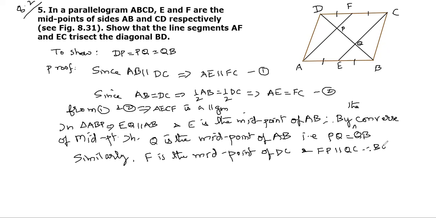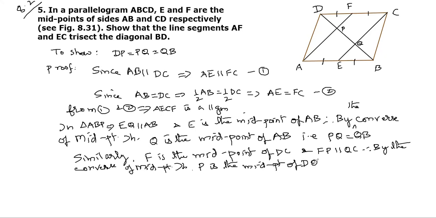Therefore, by the converse of the midpoint theorem, P is the midpoint of DQ. You can call this equation number 3.